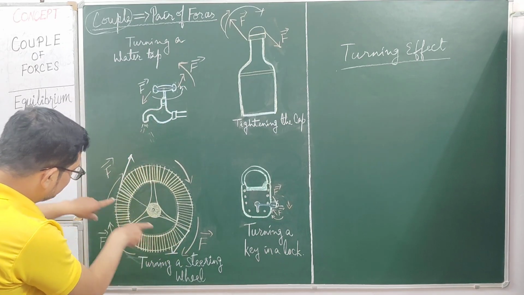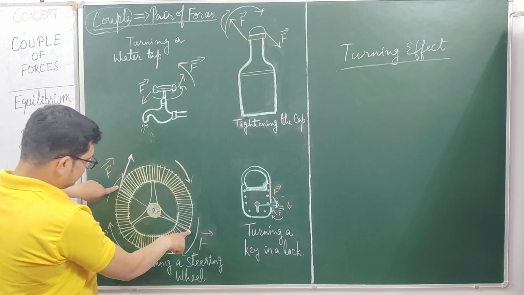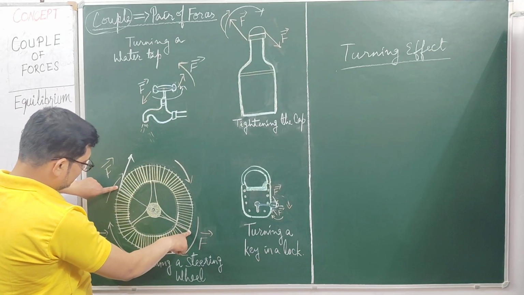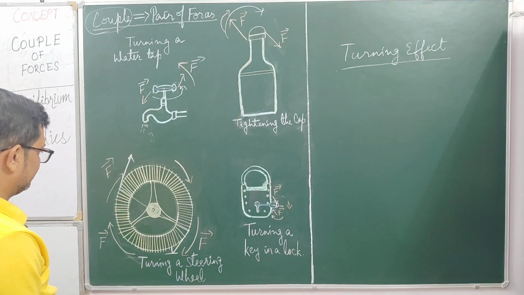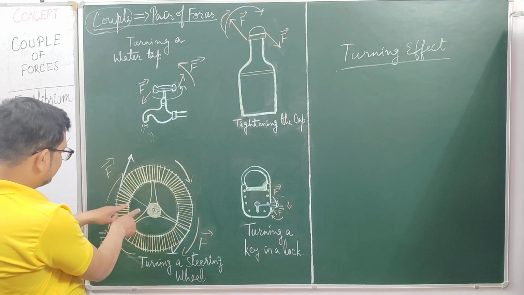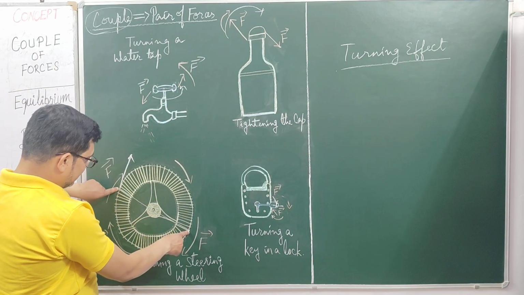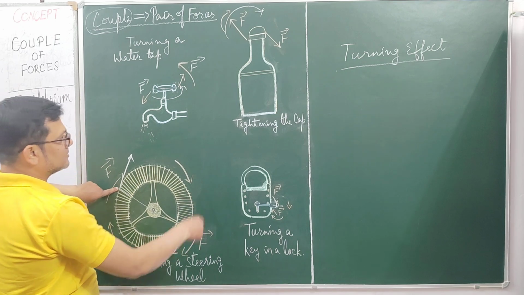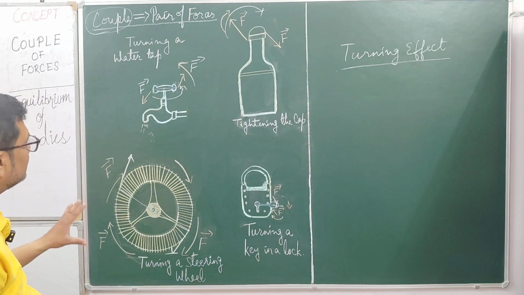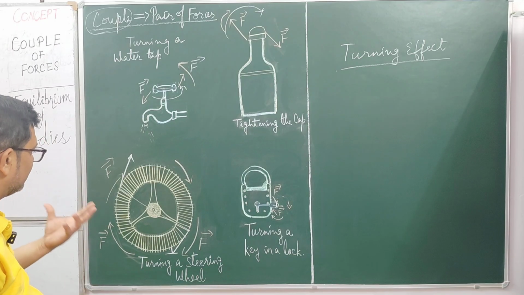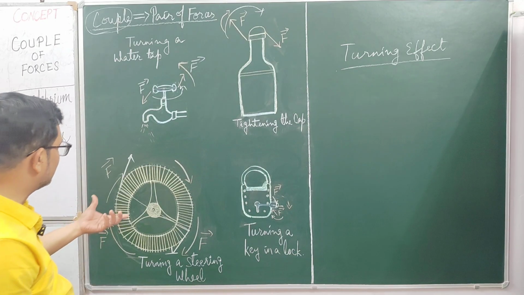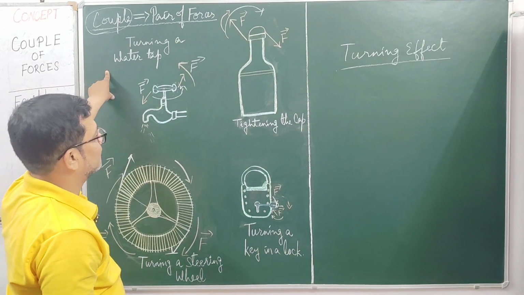They don't act on the same line, and the distance that separates them results in rotation. They are separated by this perpendicular distance. So for rotational motion, it is very important to understand that a couple, a pair of forces, is acting.